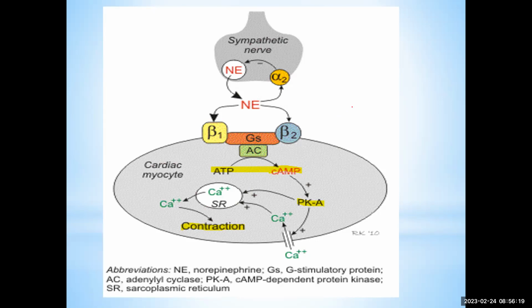So if we were to talk about vascular smooth muscle cells, cyclic AMP inhibits myosin light chain kinase.